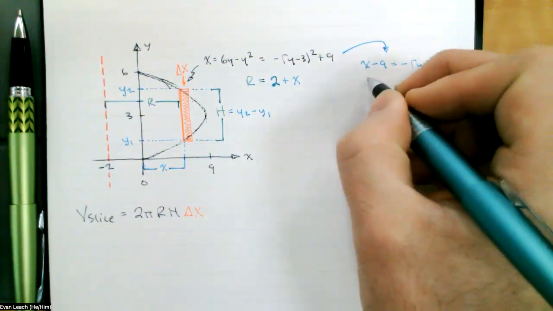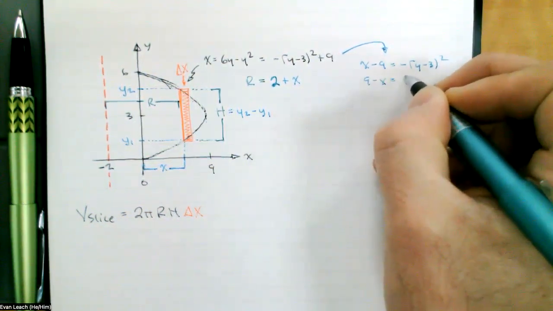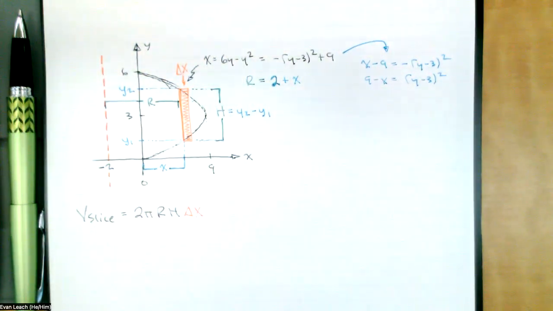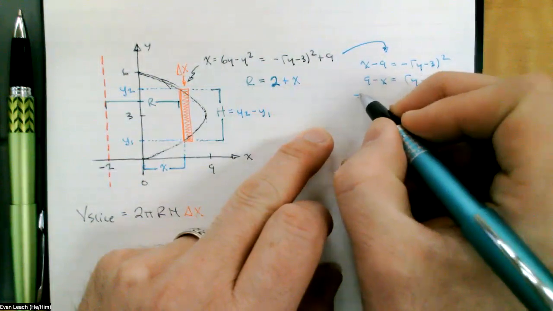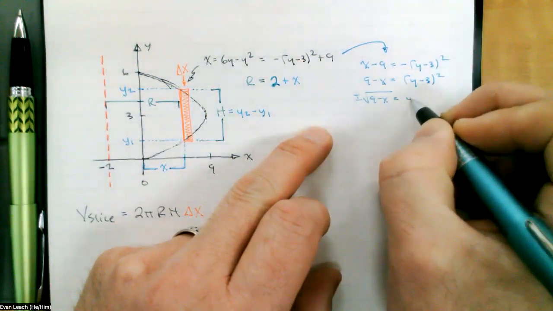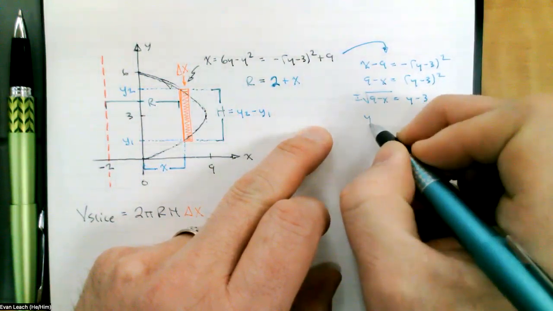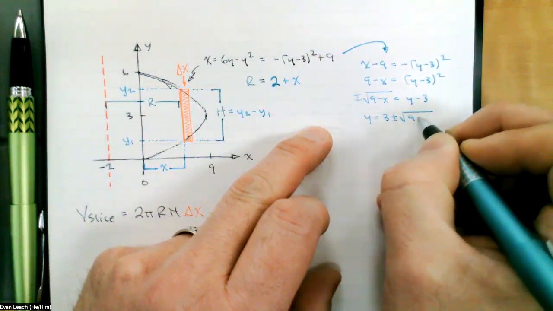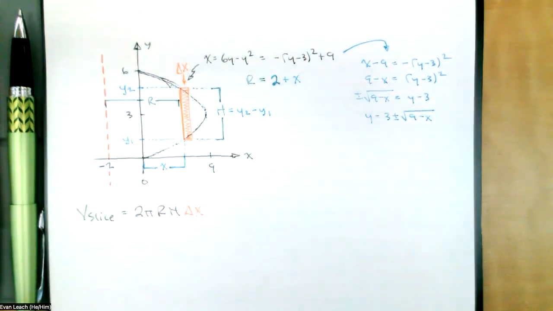I'm going to change the signs. Now we can see where the two y values are going to show up because I have to undo the square, which produces a plus or minus. So the two y values are 3 plus and minus the square root of 9 minus x.